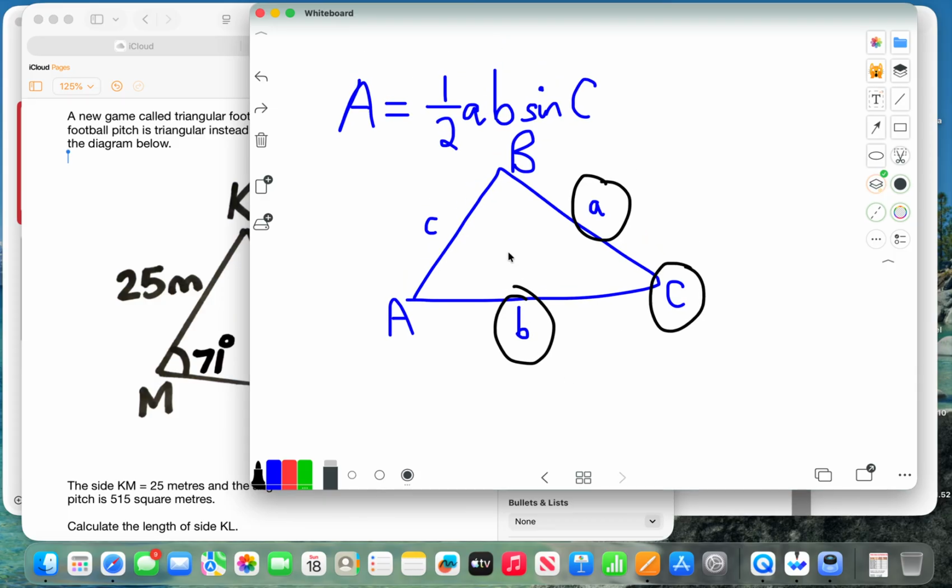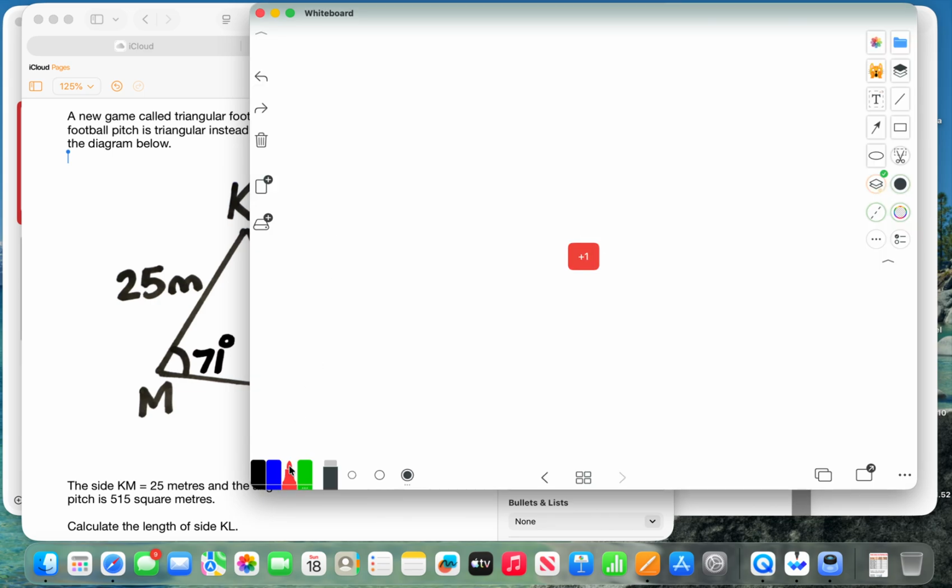But we don't want to use a, b and C. We're going to instead use KM and L. So you're always going to be given this equation on the sheet. It's on the formula list.